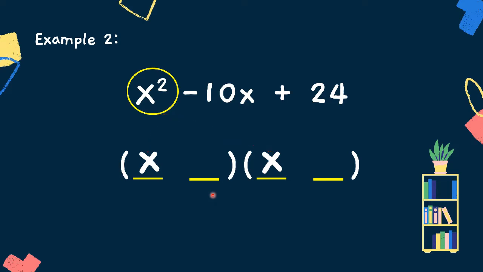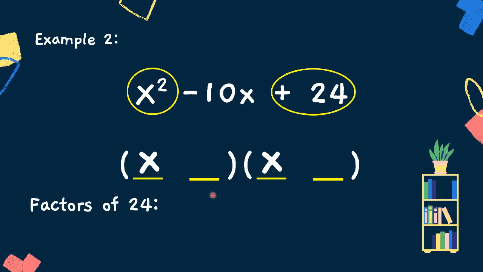Next step, look at your third term, which is positive 24. We will try to identify the factors of 24. We have 1 and 24. 1 times 24 is equal to 24. We also have negative numbers, because if we multiply two negatives, it will give us a positive result.